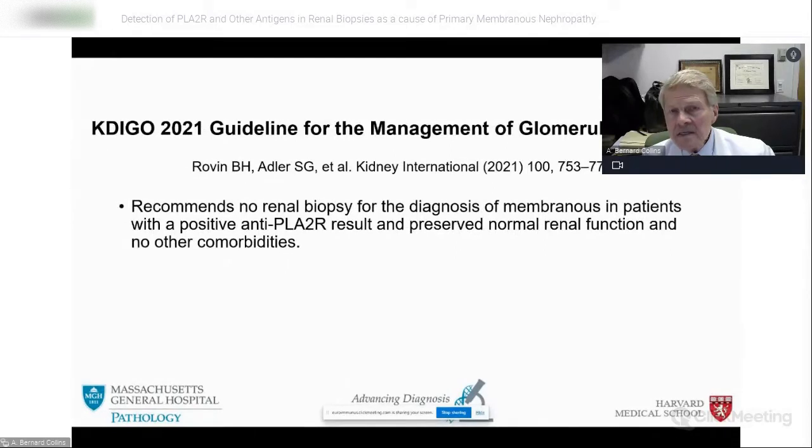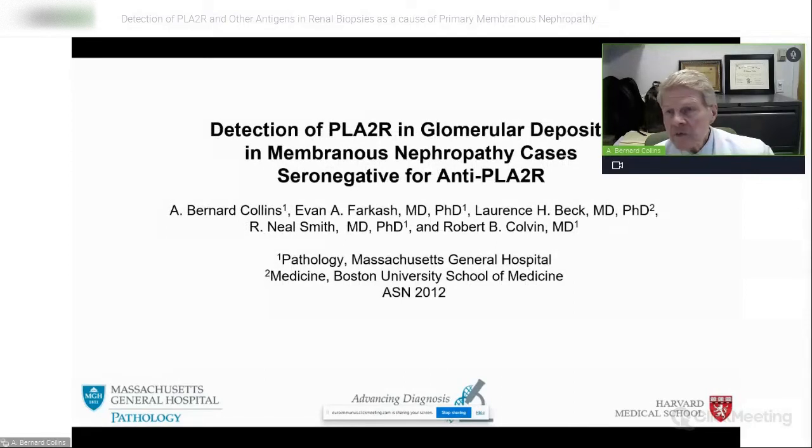The Kidney Disease Improving Global Outcomes guideline for 2021 for the management of glomerular disease recommends no renal biopsy for the diagnosis of membranous in patients with a positive PLA2R result, preserved renal function, and no other comorbidities, which is an interesting recommendation.